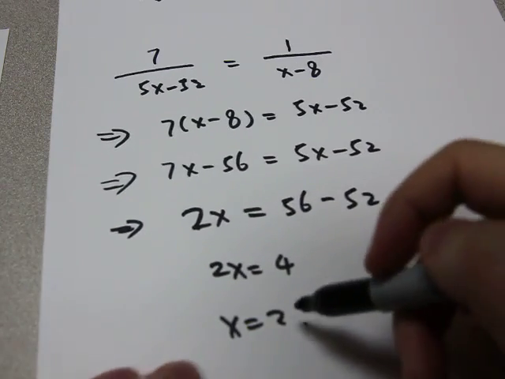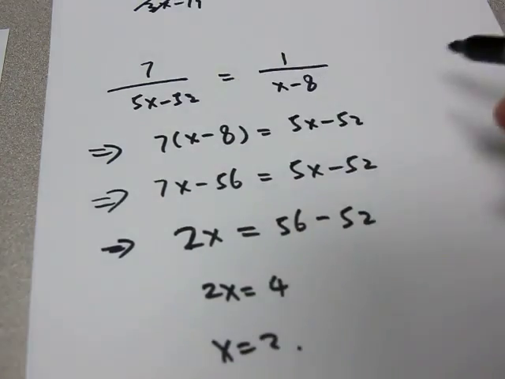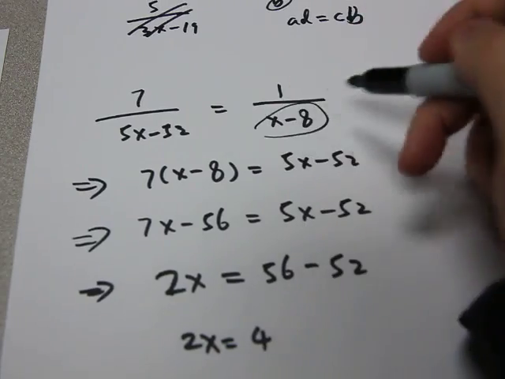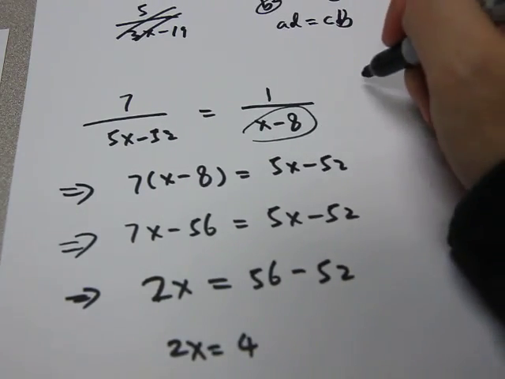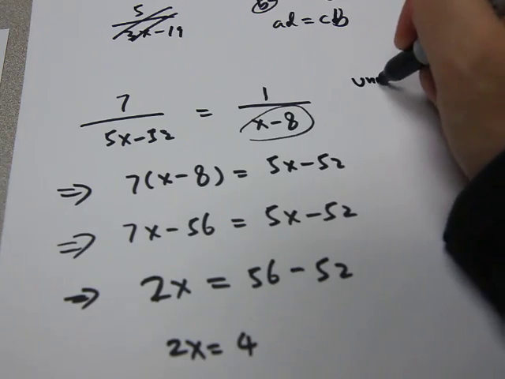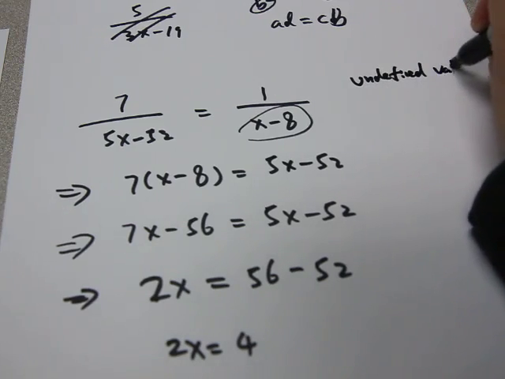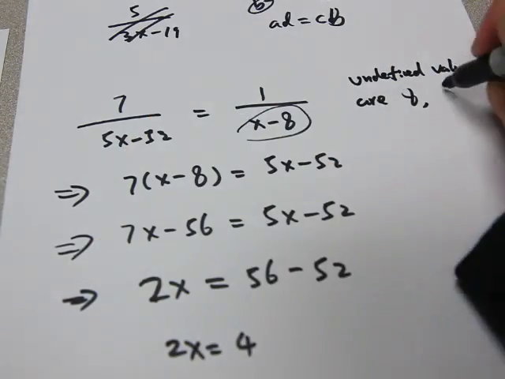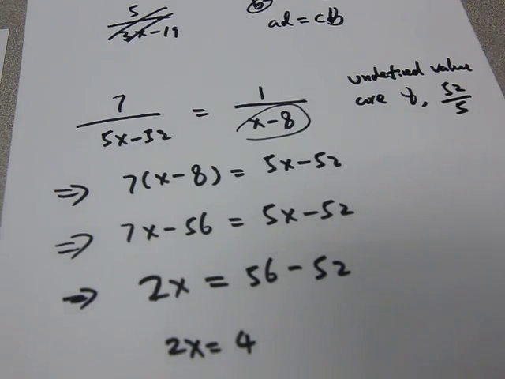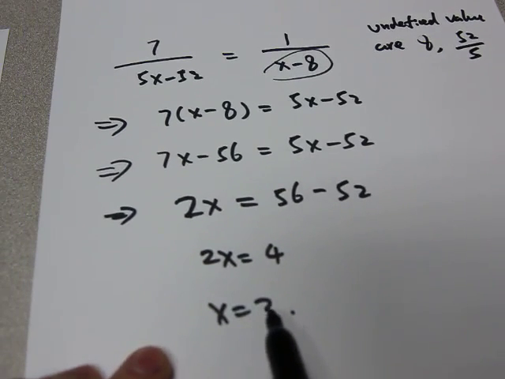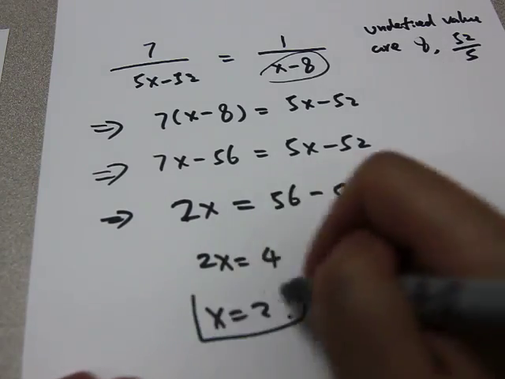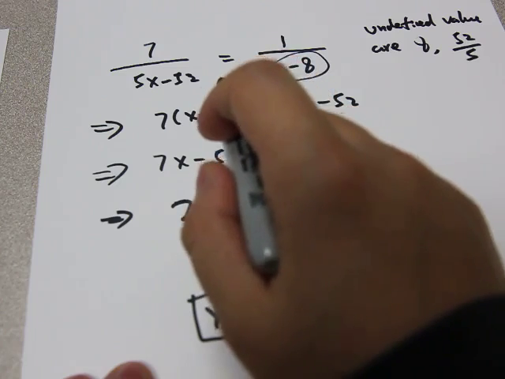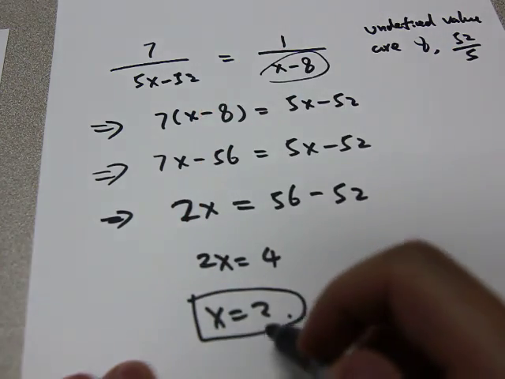And again, let's take a look at the undefined values of the equation. From this denominator, we can see the undefined value is 8, and from this, the undefined value is 52 over 5. Since 2 is not equal to either of them, therefore 2 is our solution. So this rational equation has a solution, and that is 2.